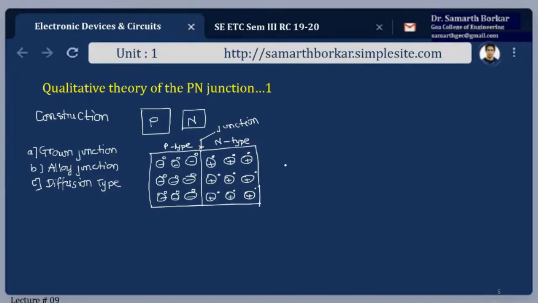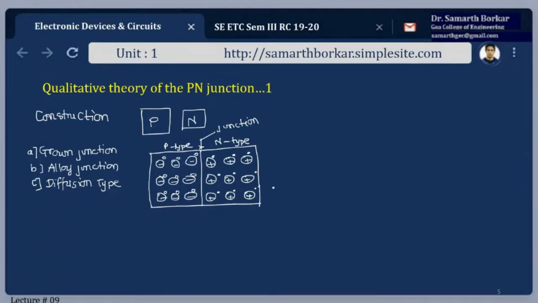Under reverse bias condition, and what we mean by biasing is just the application of voltages. This device has two ends, one end here and another end here. If I want to make these charges flow, I have to connect some kind of external voltage, a battery.